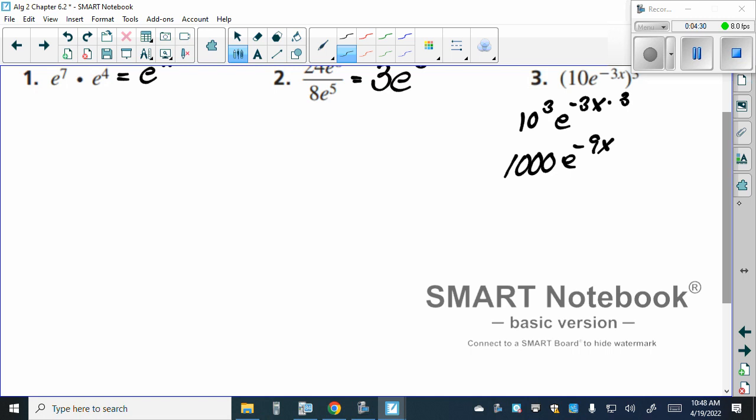But we can't leave it as negative 9x. To make the exponent positive, we move it from the numerator to the denominator, which gives us e to the 9x in the denominator. Any questions on this here?